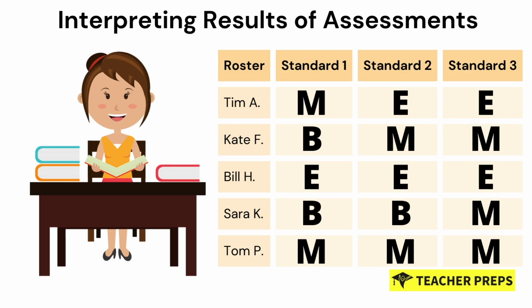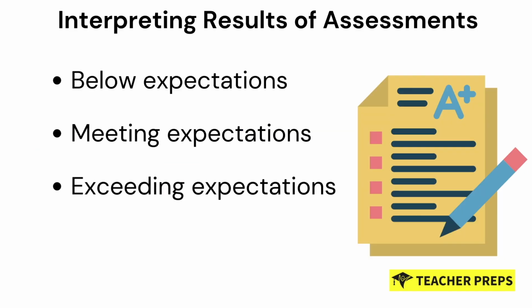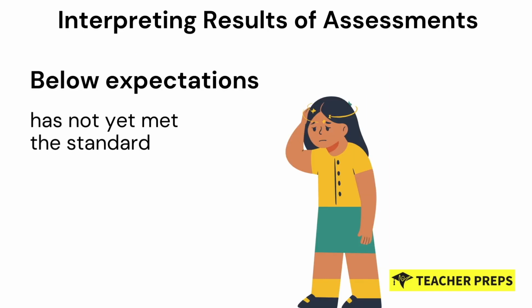Teachers collect and analyze assessment data in order to determine which students have and have not yet met the standard being taught using these 3 categories: below expectations, meeting expectations, or exceeding expectations. Students whose assessment indicates a below expectations result mean that the student has not yet met the standard.